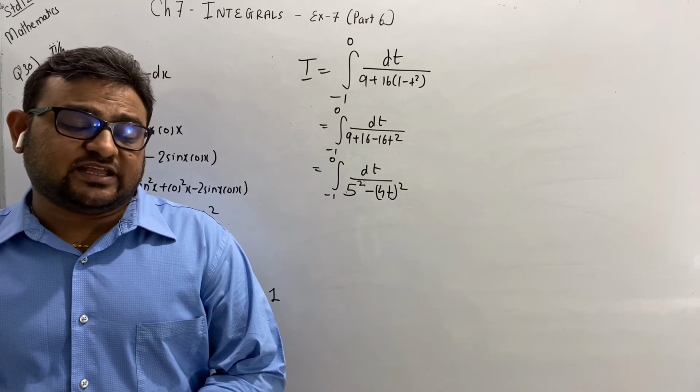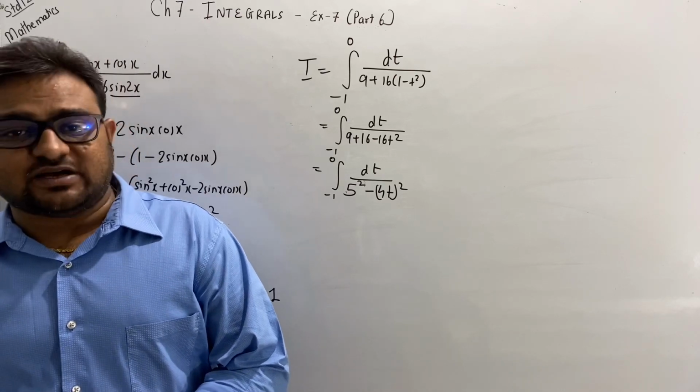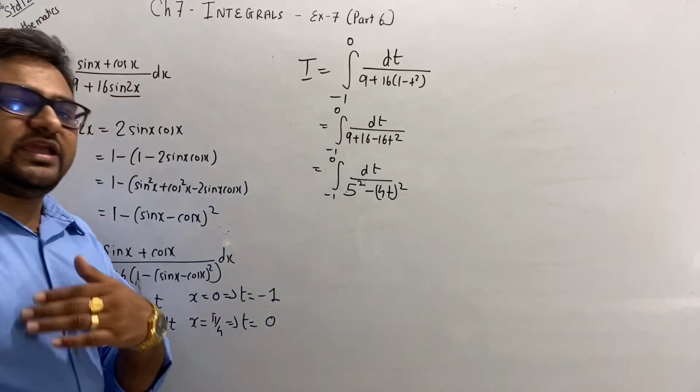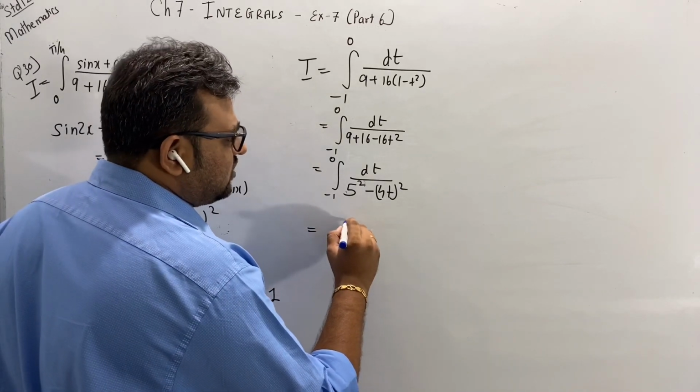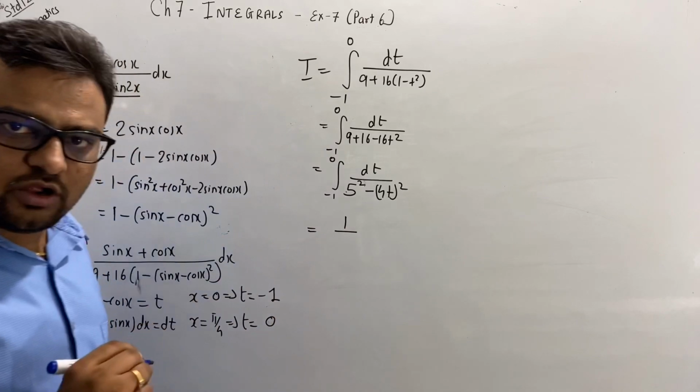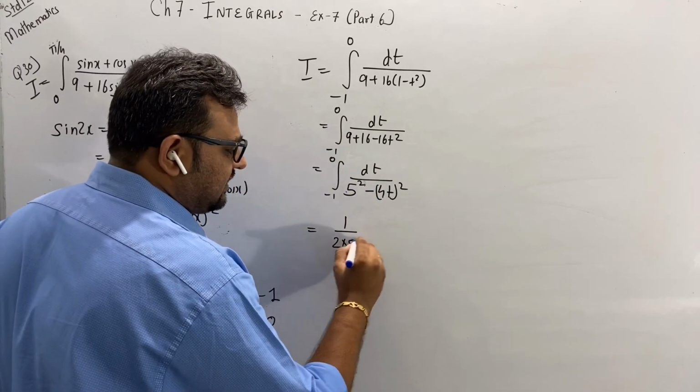Okay, so now this is the integration of 1 upon a square minus x square, right? Its integration is 1 by 2a log of (a plus x) upon (a minus x), or (x plus a) upon (x minus a). So this will be equal to 1 upon 2a. What is a? 5.